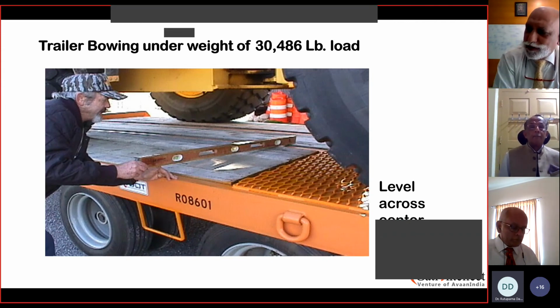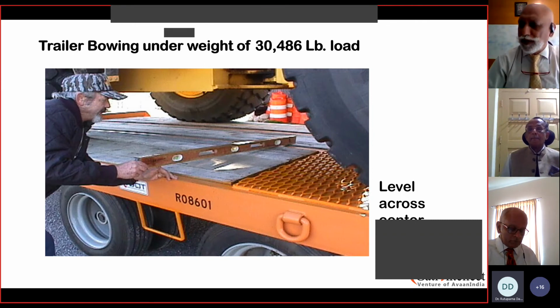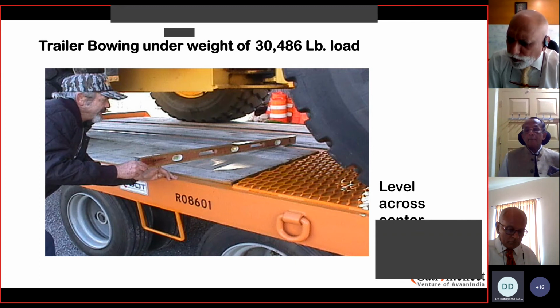Now, this slide shows that since the weight on the trailer is overloaded, there is a bulge happening on the chassis of the vehicle, which clearly defines that the trailer is not in a position to carry the load which is to be transported, and it is overloaded, and it can have very serious repercussions. Now, especially in our experience, when you load a special equipment on the trailer, the structural engineers normally will define where is the center of gravity of the product, where are the lashing points, and what are the dimensions.